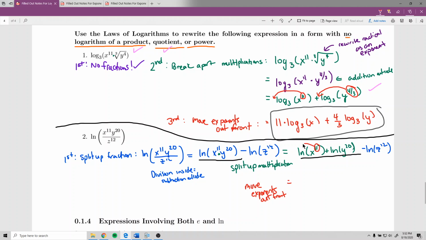We take our 11, move that out front there. The 20, move that out front of the corresponding one, and 12 out front of the corresponding one. And we get 11 times the natural log of x plus 20 times the natural log of y minus 12 times the natural log of z. And that is our final expanded answer.